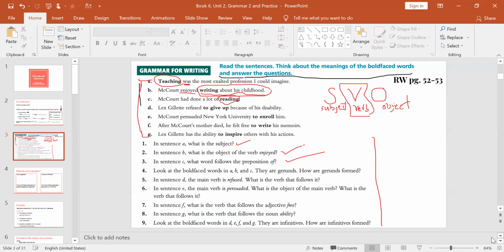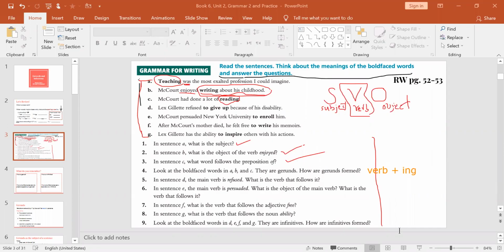So gerunds are formed by what? Taking the basal verb and then adding the ing, which we did before. So we could just write verb plus ing. Okay.